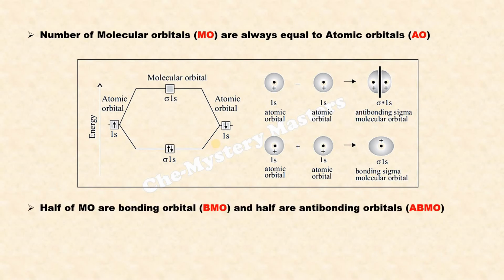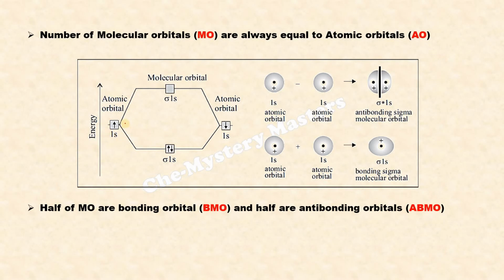Another important concept here is that whenever molecular orbitals are formed, generally half of them are of bonding type and half are of anti-bonding type. The bonding molecular orbital has lower energy as compared to the atomic orbitals.